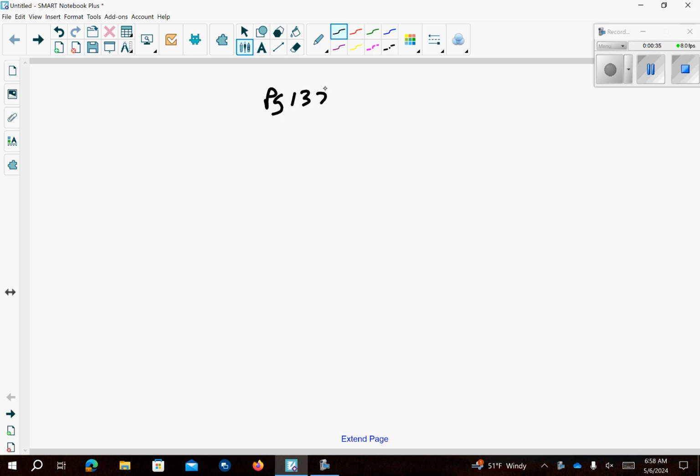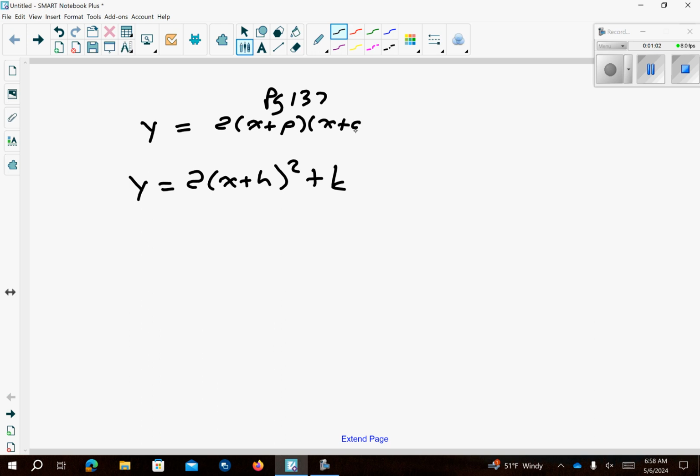All right. So the very top says the y-intercept form looks like this. Intercept form is actually the factored version, with p and q, or just whatever numbers.